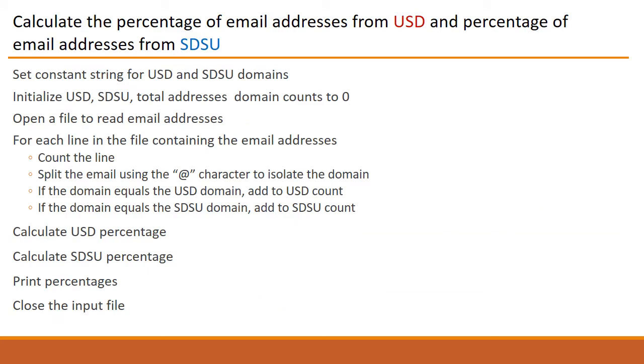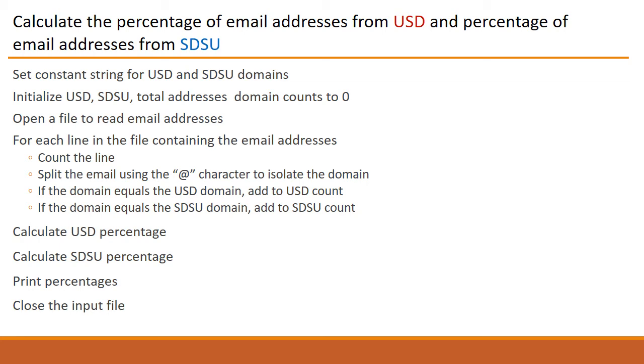Let's continue working on our algorithm for processing email addresses. So given a text file of email addresses, we're going to calculate the percentage of those email addresses that are from USD and those email addresses that are from SDSU.